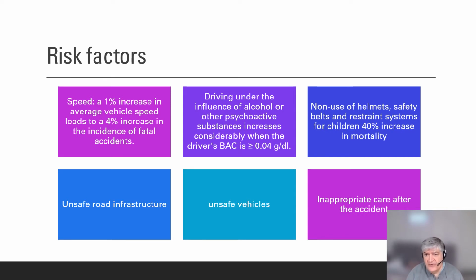The non-use of helmets and safety belts, which are two key protective elements when we talk about car accidents. Also unsafe road infrastructure, unsafe vehicles, and inappropriate care after the accident.